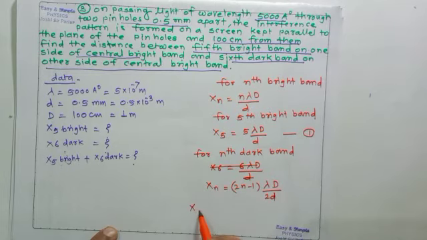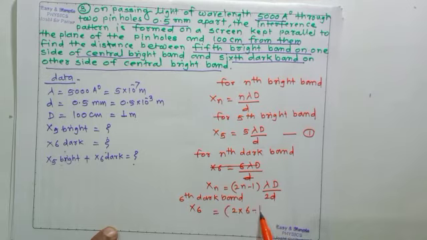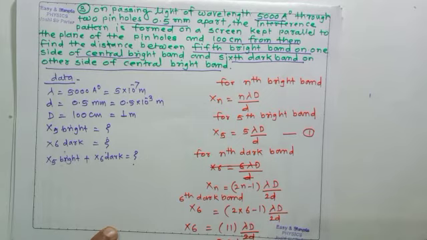So here for sixth dark band, it will be 2 multiplied by 6 minus 1 lambda capital D upon 2 small d. That is x6 is equal to 12 minus 1 means 11 lambda capital D upon 2 small d. It will be 5.5 lambda capital D upon small d. Equation number 2.